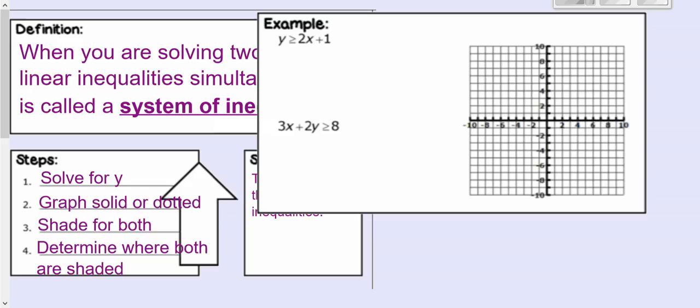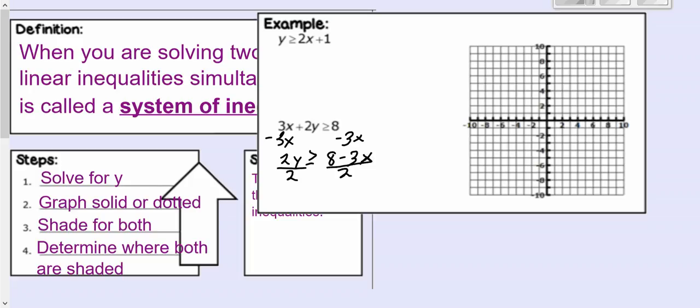So I'm going to go ahead and solve my second inequality for y. I'm going to subtract 3x from both sides, and I'll have 2y is greater than or equal to 8 minus 3x. I'm going to divide by 2.